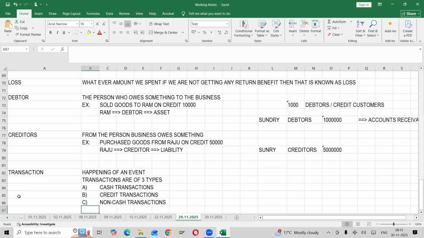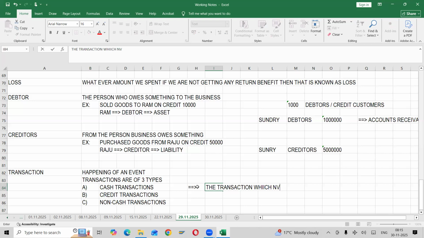So what do you mean by a cash transaction? The transaction which involves immediate cash.